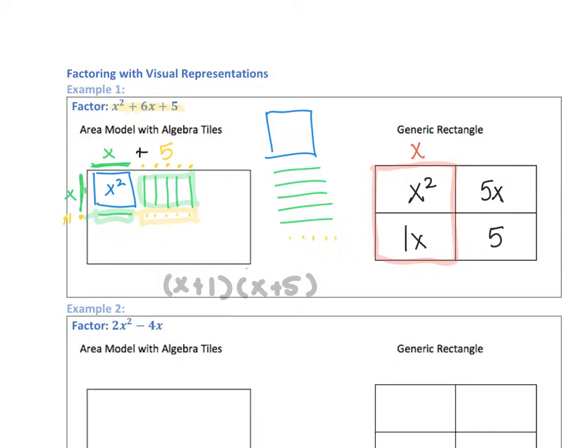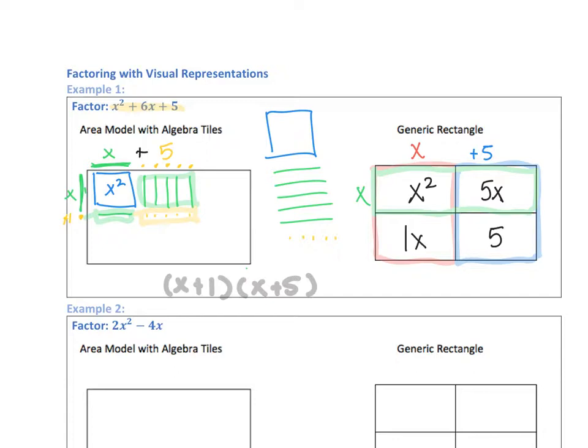Over here, if I have my vertical one on this side, the biggest number I can divide evenly into both of those is 5, specifically a positive 5. Then I can look at my rows here. If I look across this row, my GCF is x, because x is the biggest thing that divides evenly into both of those.